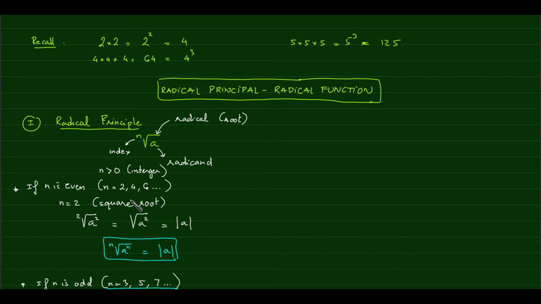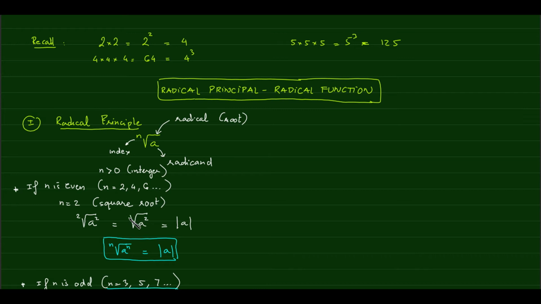If n equals 2, I can write the second radical of a squared without the index.